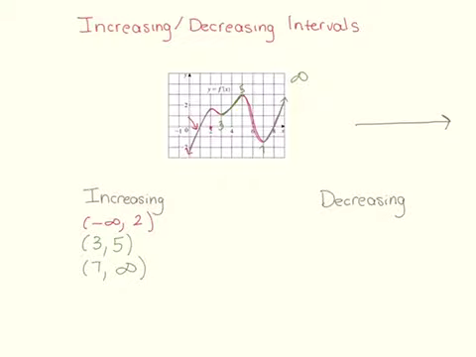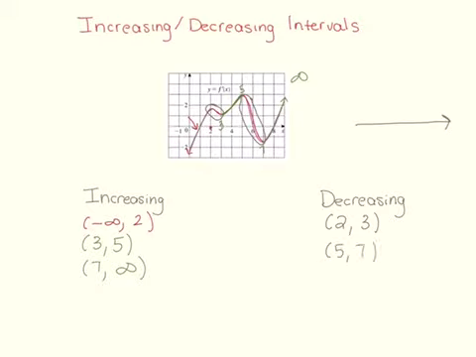So then all those other intervals, this one right here and this one right here, those are all intervals where I'm decreasing. So this first interval I started decreasing at 2 and I stopped decreasing at 3. So that goes from 2 to 3. And then my next interval started at 5 and it ended at 7.